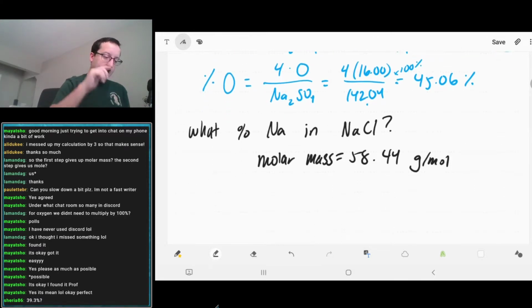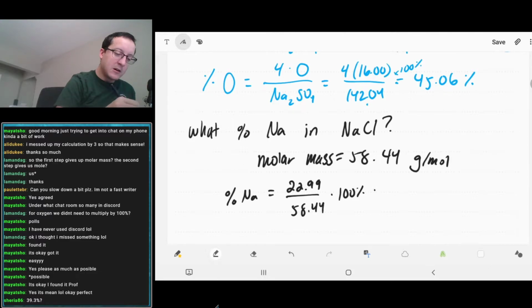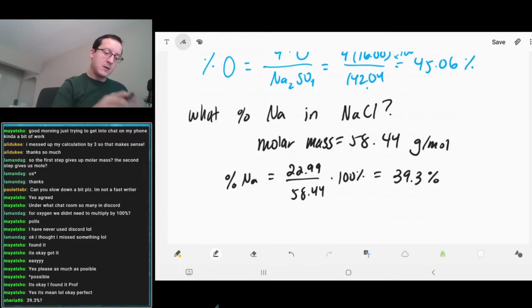Okay, makes sense, Sherry. So the percent sodium should be 22.99 over 58.44 times 100%. And Sherry has said that it's going to be 39.3%, which makes sense to me. That seems pretty reasonable. So with that in mind, let's see what we can do with this number.